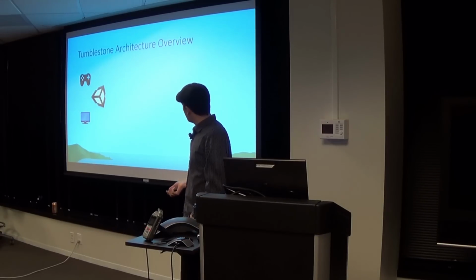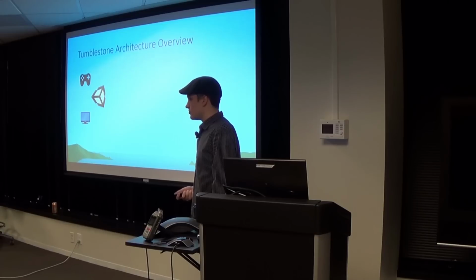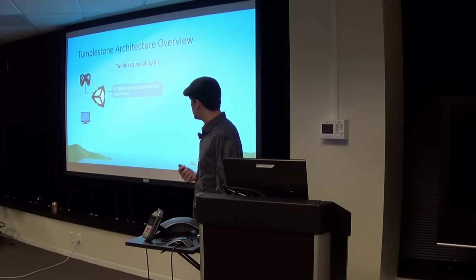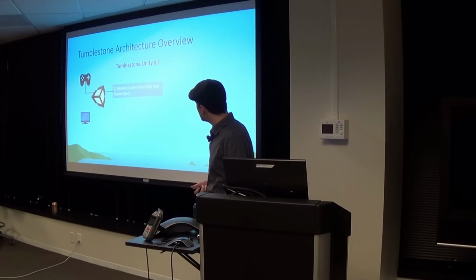So another way I'm going to talk to you about the architecture of Tumblestone specifically is giving you a rundown of one frame. This is the pattern that happens as one update loop takes place. First of all, we have a root game object in our Unity scene, and that will have Update automatically called. Unity just does that for us.